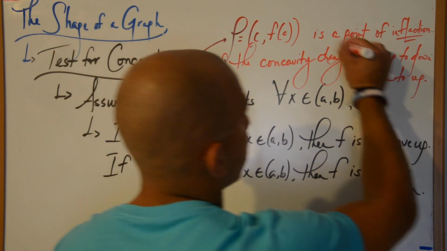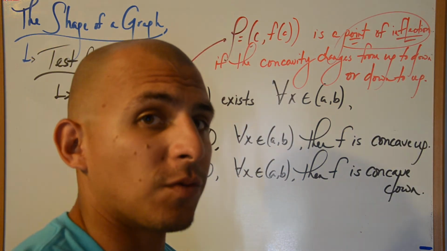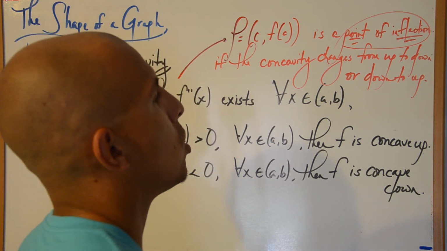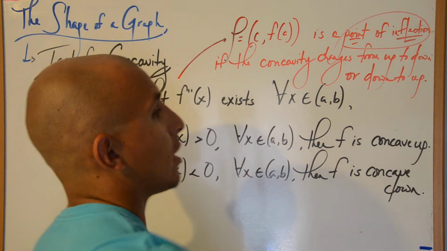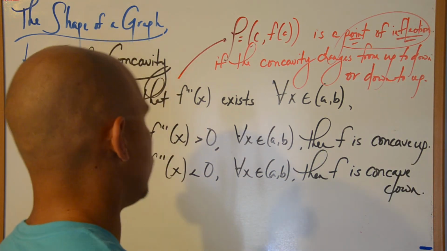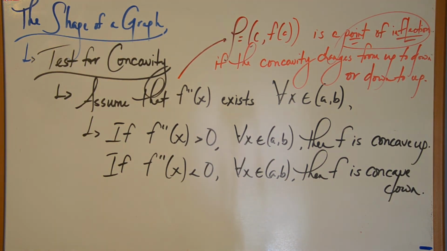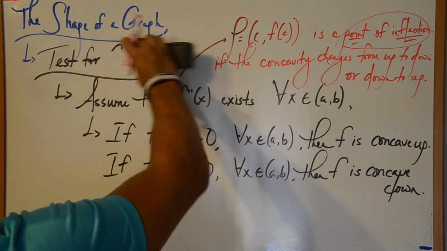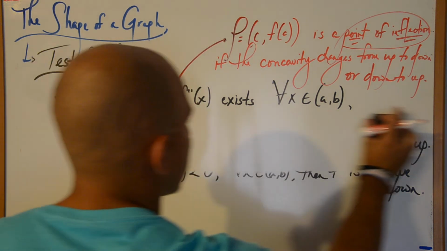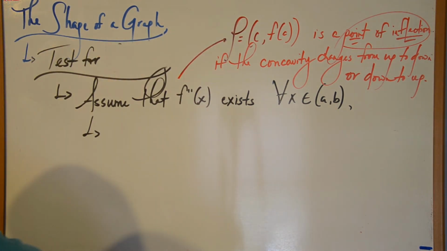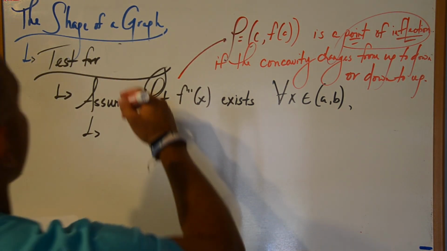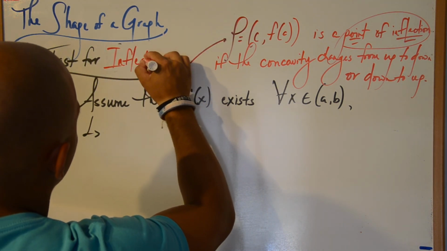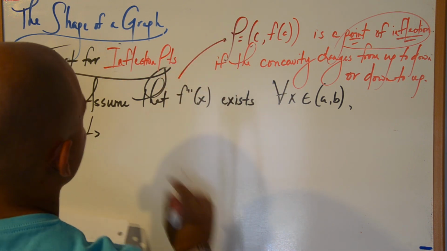But we can't just, the way we did with the first derivative, assume that any of those values where the first derivative is undefined or where it's equal to 0 are critical points, right? We don't say that, oh, these are all inflection points. So let's define a test for those as well. Test for inflection points. The good thing is it's very similar to finding critical points.